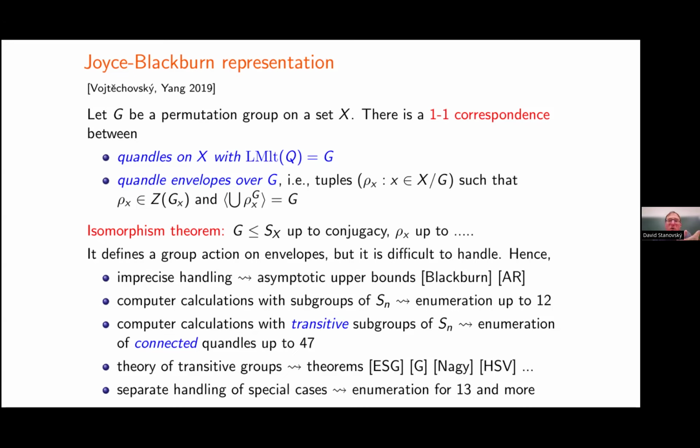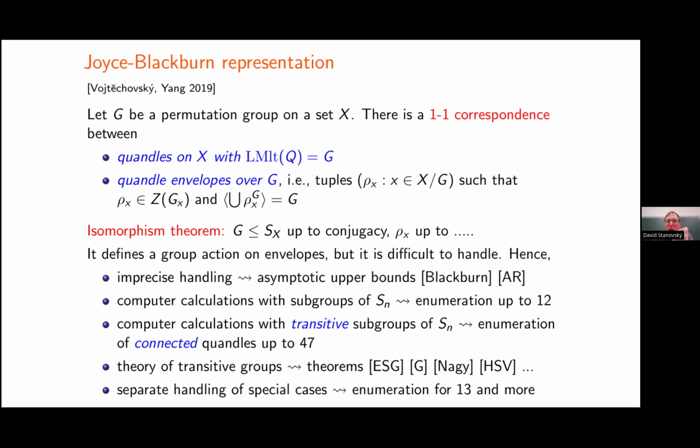You can do computer calculations. You can program the whole thing in GAP. You can use the library of subgroups of symmetric groups, the library of permutation groups. You can sort them out up to conjugacy. This is in principle possible up to order 18. So I think GAP has a library of permutation groups up to order 18 in some form, and that can be used.